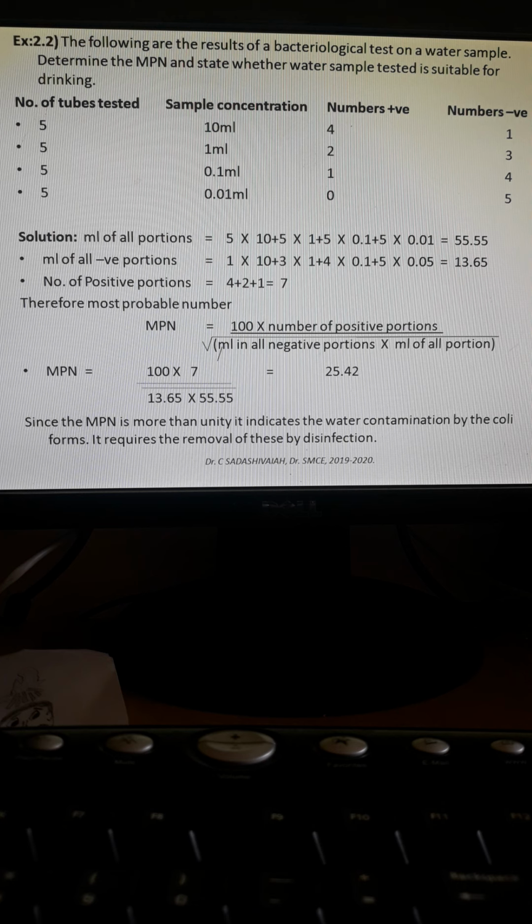Lastly, where 0.01 ml of the sample was dispensed using a micro pipette, it was observed that 0 test tubes, means all the 5 test tubes, indicated negative only. So with this data we are asked to calculate the MPN value. In the Thomas equation we need to calculate the number of positive portions, ml in all negative portions, and ml of all portions of the sample.